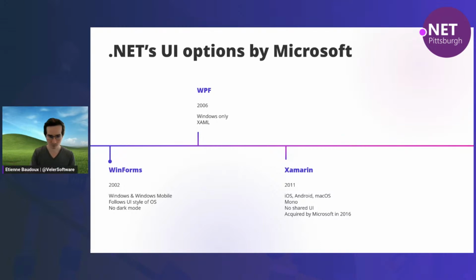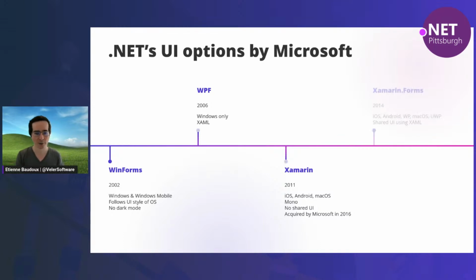With Mono and with Xamarin, you could therefore make an app. And the interesting thing is that here the UI, you had to code the UI yourself in C# for each independent platform. So one code for iOS, one code for Android, and one code for macOS. So that was not necessarily super easy for developers because they had to maintain 3 versions of the UI.